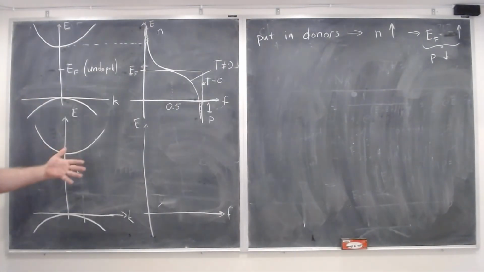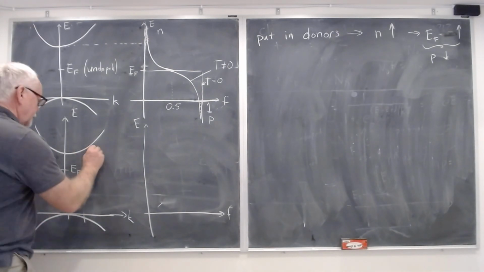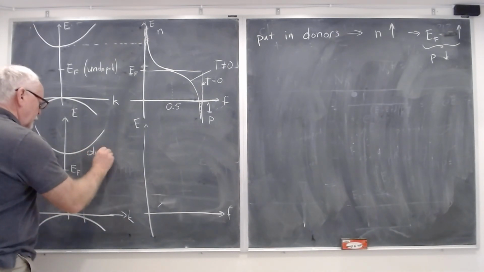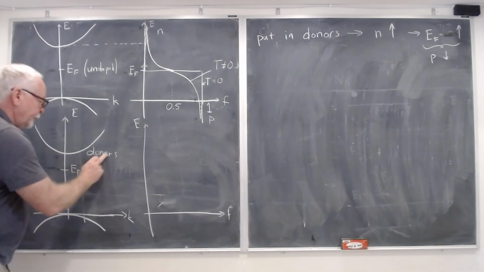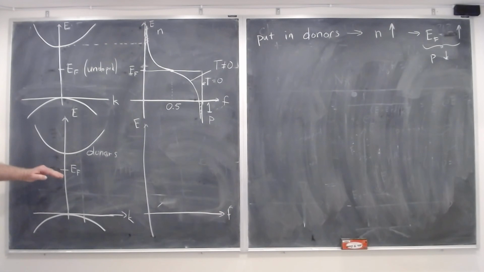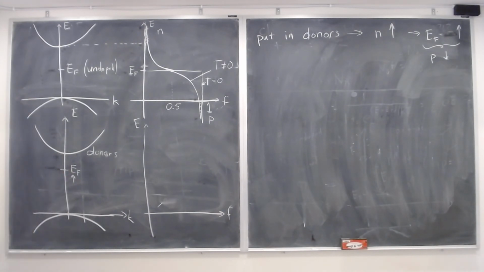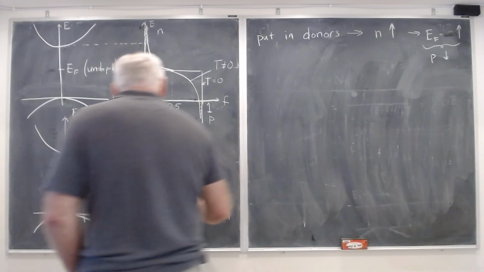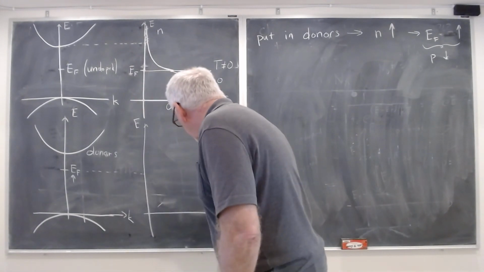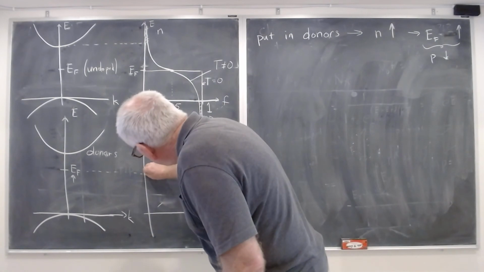So the way to think about it is, I put in donors. EF went up from the middle. Now, let's draw our Fermi function. The way you do it is you first do it at 0 temperature.